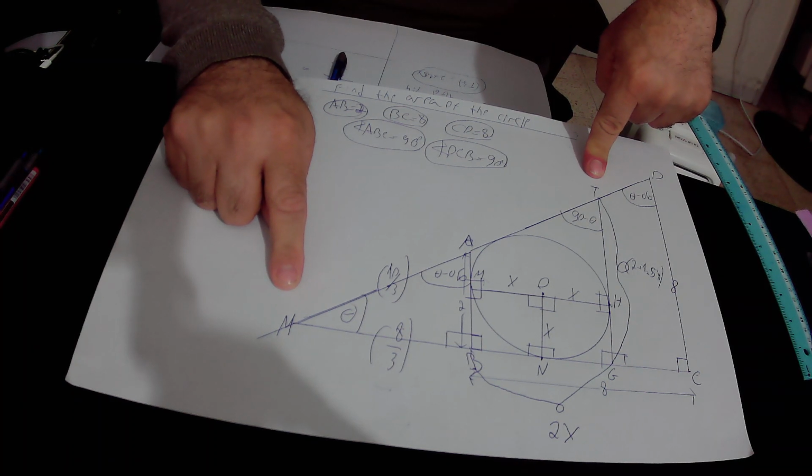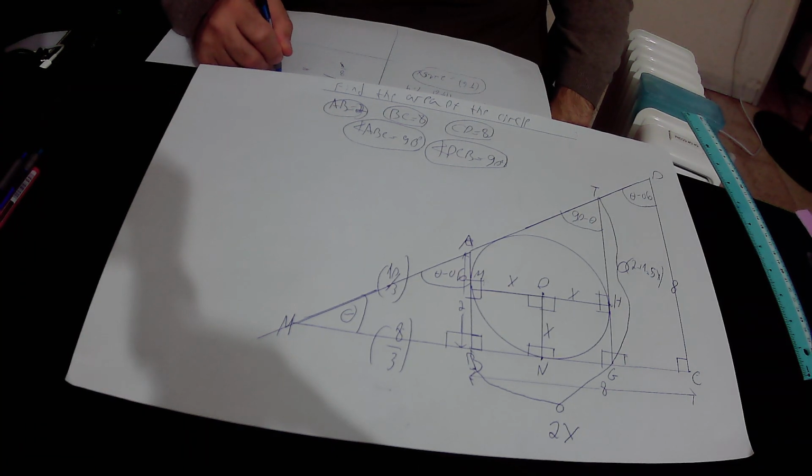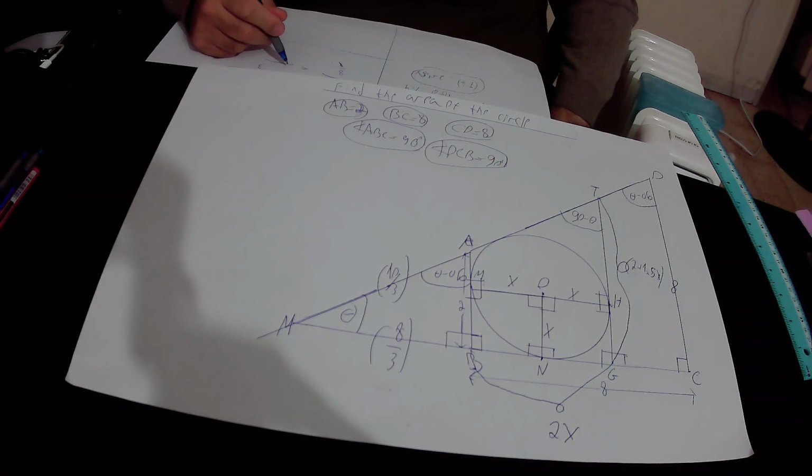So in total, TM equals TA plus 8 over 3, over AM, AM is 8 over 3.